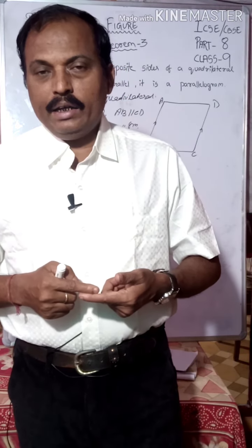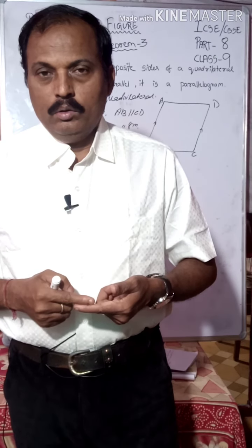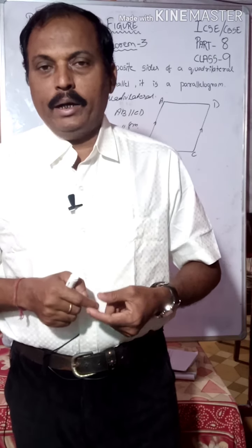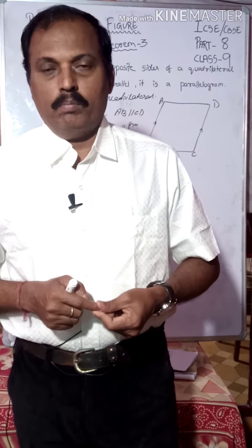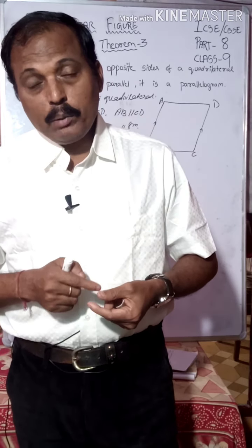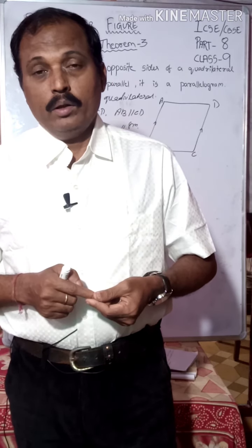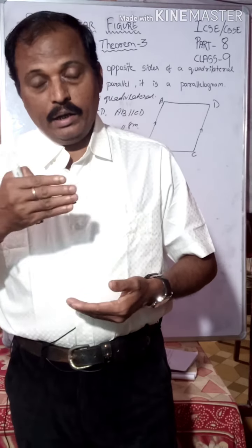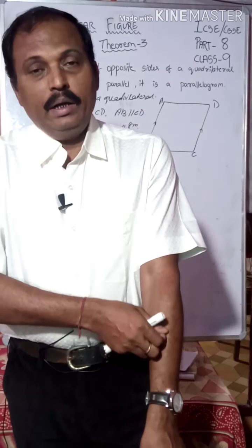Before we prove the quadrilateral is a parallelogram, what is the minimum definition of a parallelogram? The minimum definition we already studied: opposite sides are parallel.